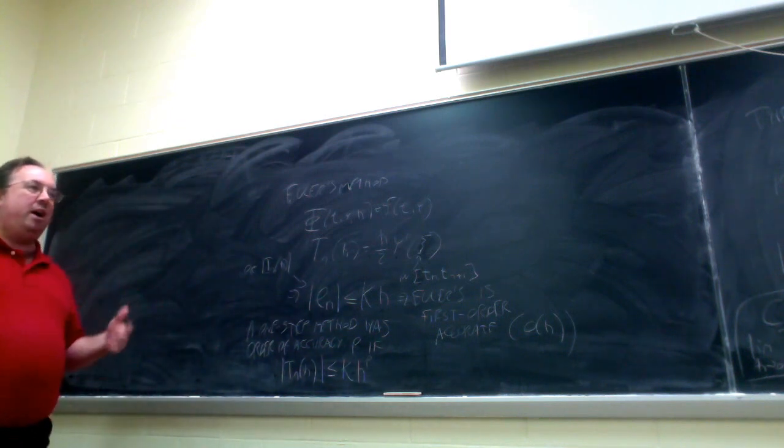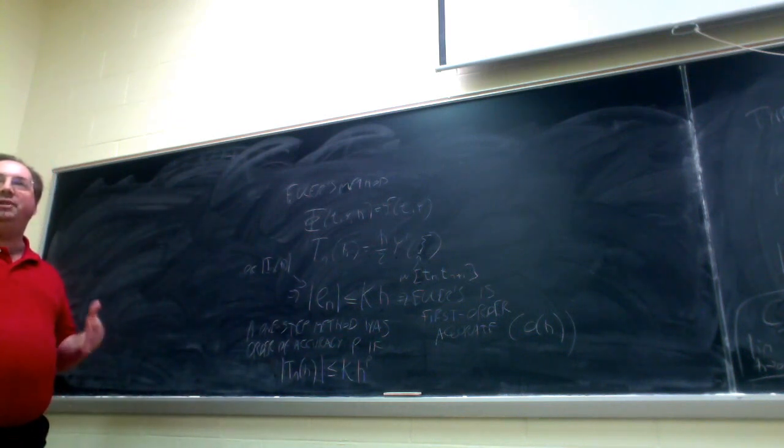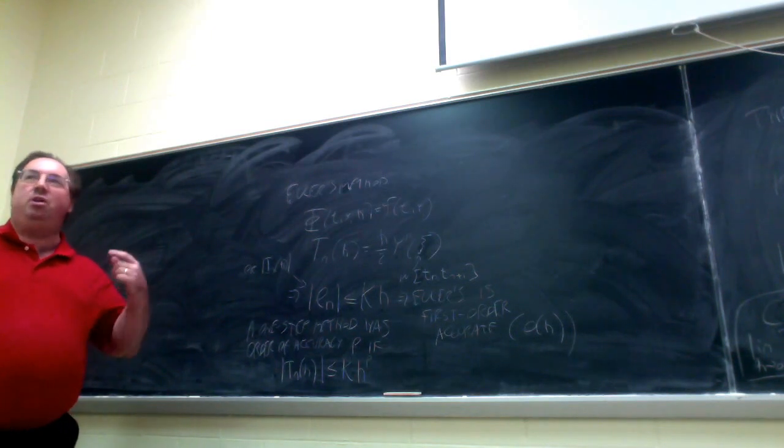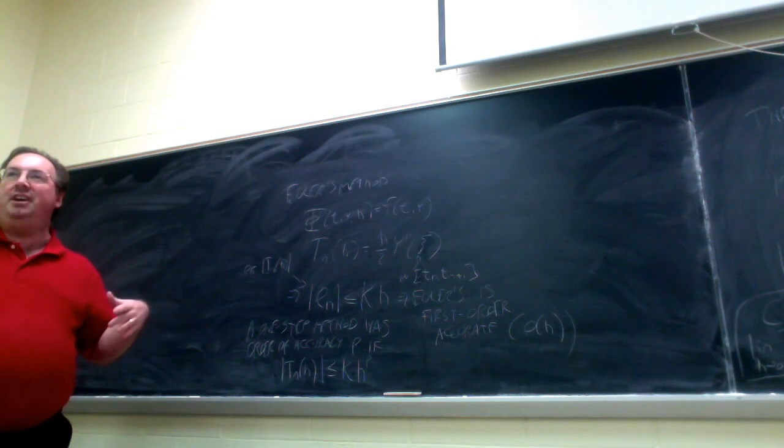In fact, that's why the local truncation error has been defined in the way that I did, where I didn't just plug the exact solution in the numerical method, I rearranged and divided by h.